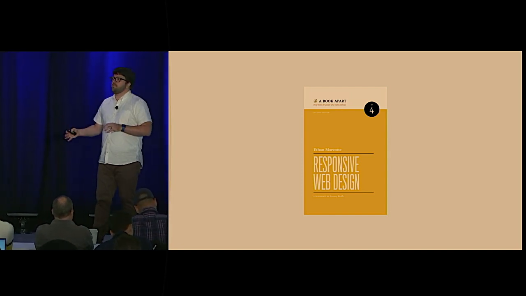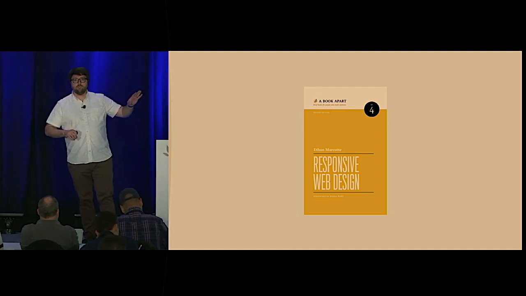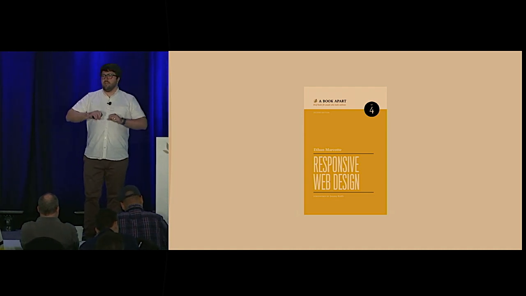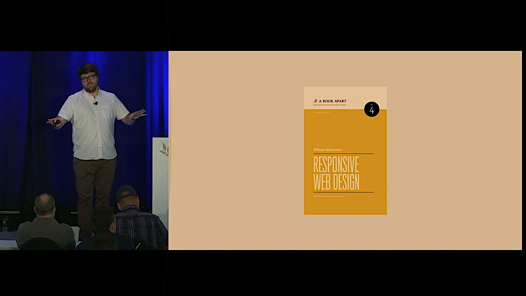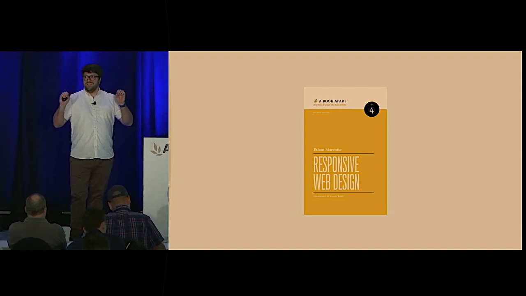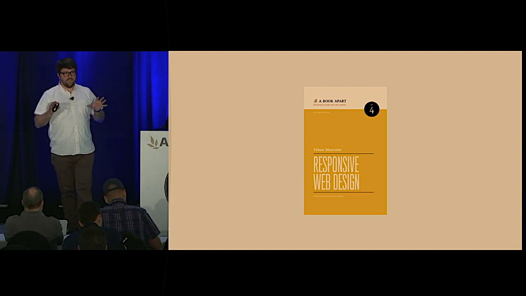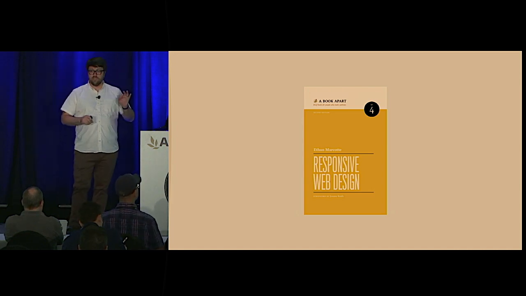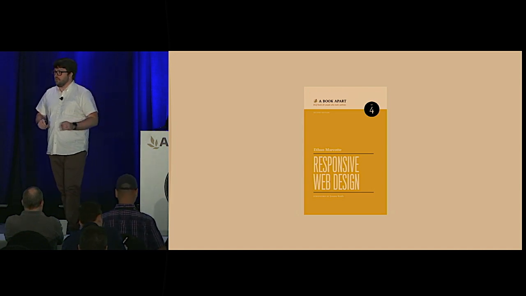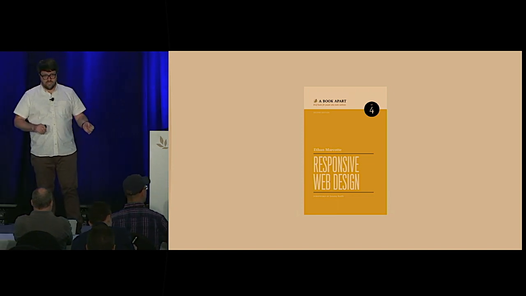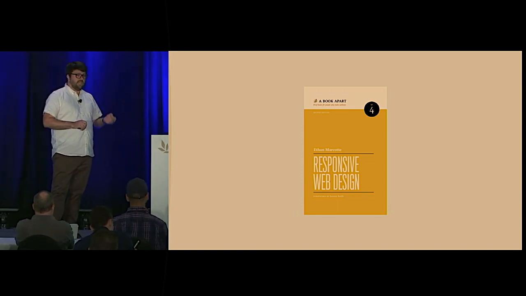We were in a place where we were making desktop websites and M.dot websites, and we were poorly maintaining both of them. And Ethan's like, I got a trick for y'all. So he proposed in his book 3 techniques: flexible grids, fluid media, and media queries.